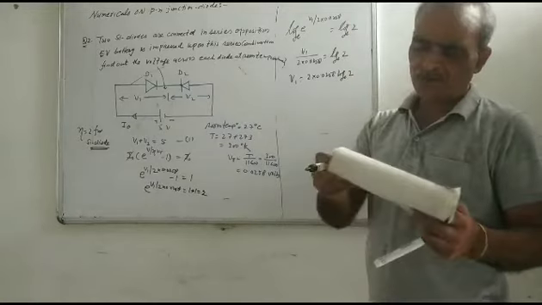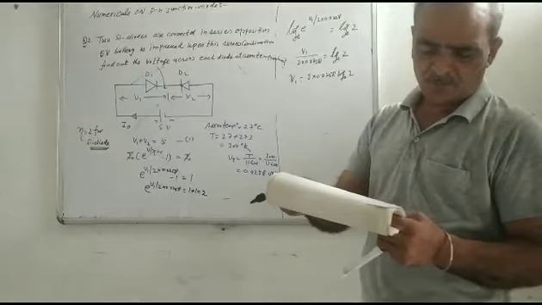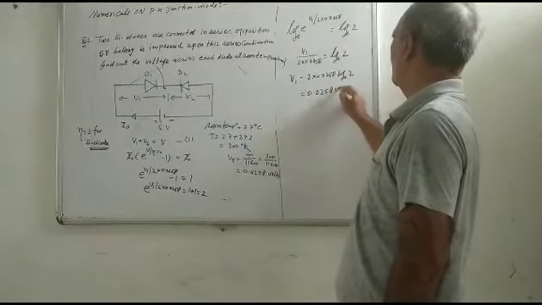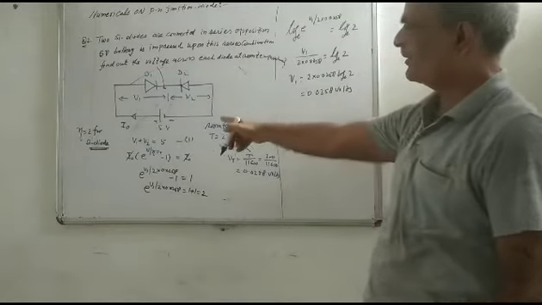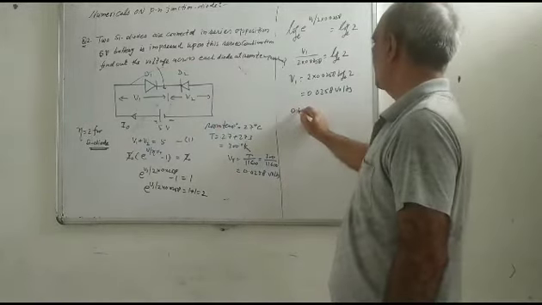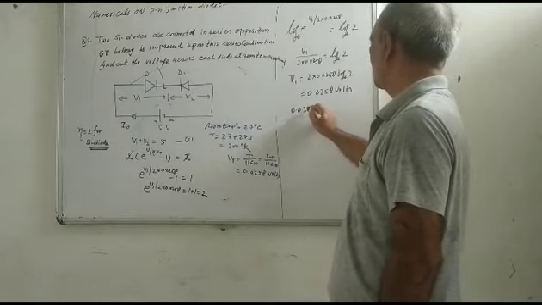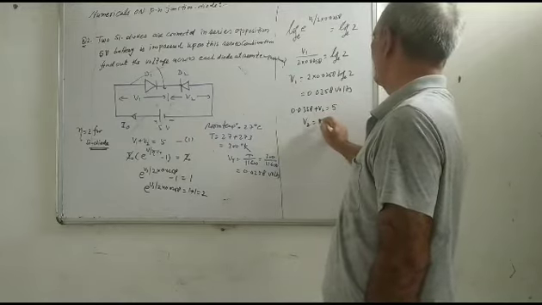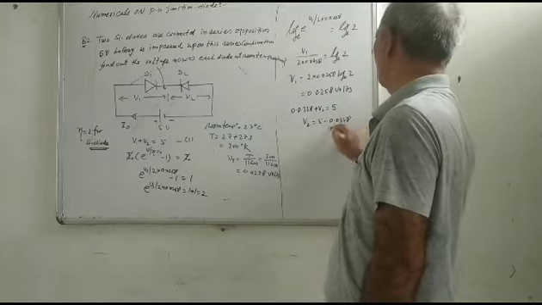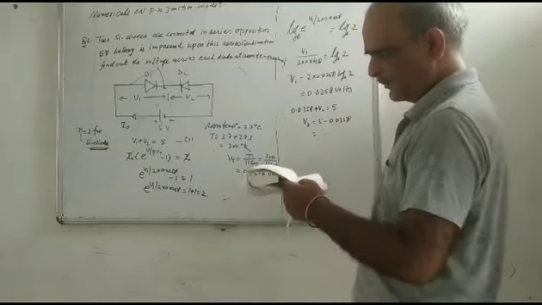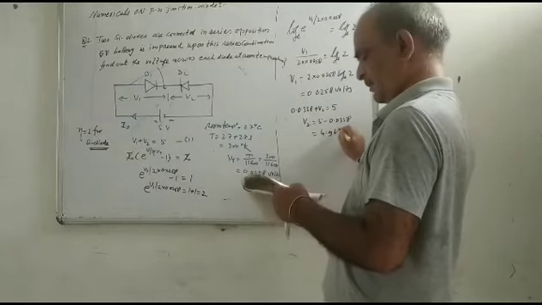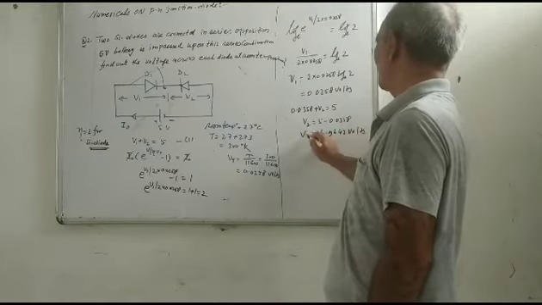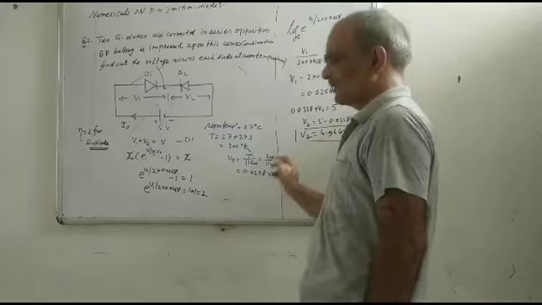After solving, this value comes as 0.0358 volts. Substituting this value in equation 1, you will get the voltage across the second diode: V2 is equal to 5 minus 0.0358, and subtracting, this comes as 4.9642 volts. This is the voltage across the second diode, which is under reverse bias condition.